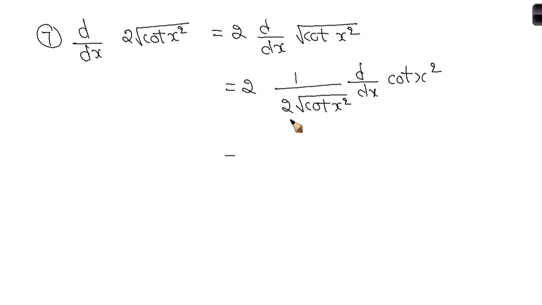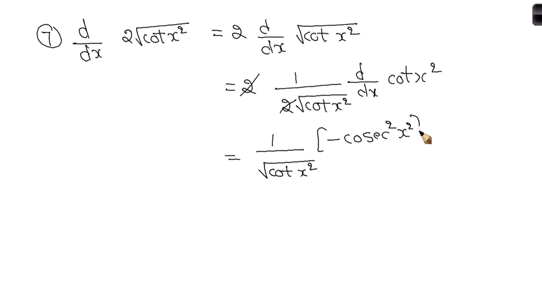The 2 in the numerator and 2 in the denominator get cancelled. So this is 1 by root of cot x square into the derivative of cot x square, which would be minus cosecant square x, but instead of x I do have x square here.